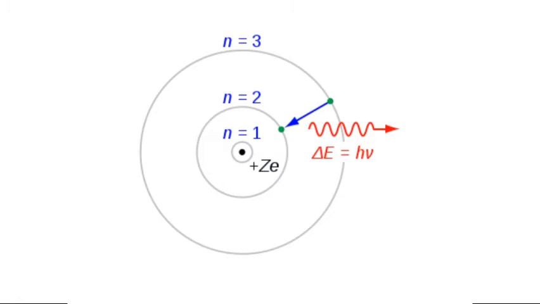And so they can only be at certain distances away from the nucleus. And those distances away from the nucleus created these spheres within a sphere within a sphere, or orbits, as we would call them in this planetary model.